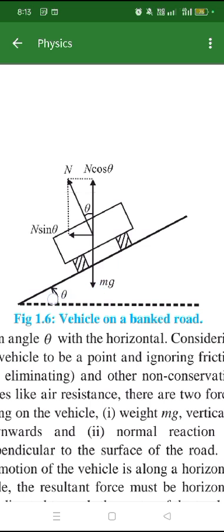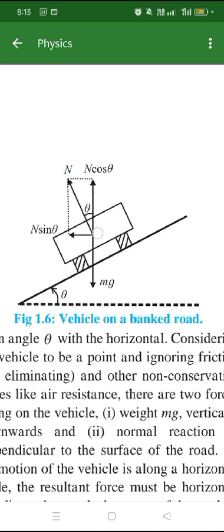Now, the weight of the object always acts vertically downward, right? And then we know that there is something called normal reaction. This normal reaction is always perpendicular to the surface. Because the road surface is tilted, the normal reaction is also tilted. So this normal reaction can be broken into two components.